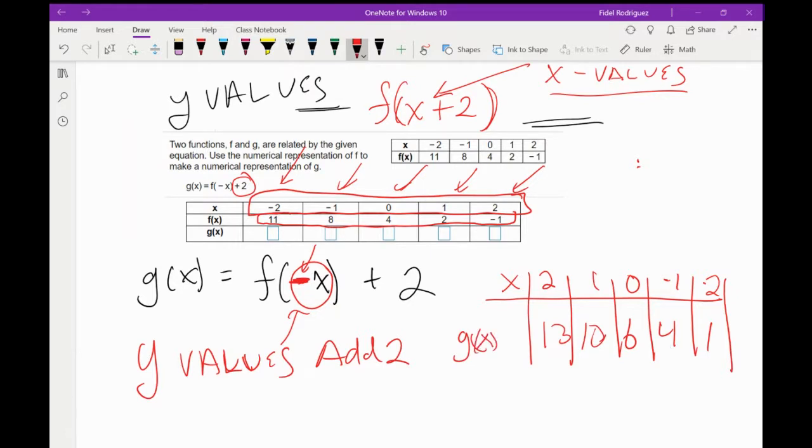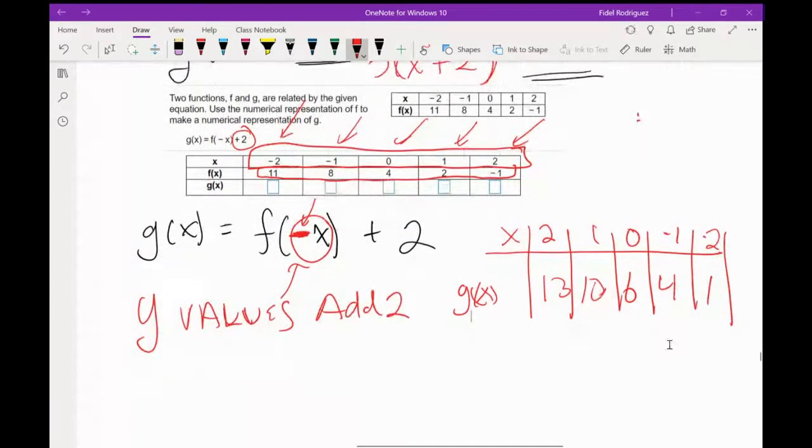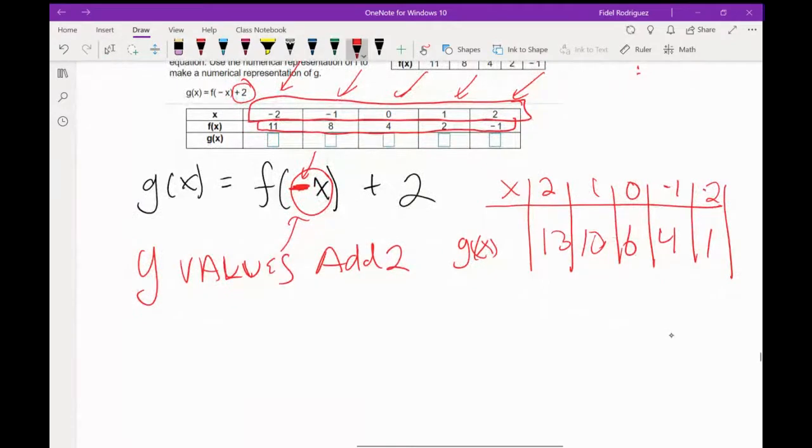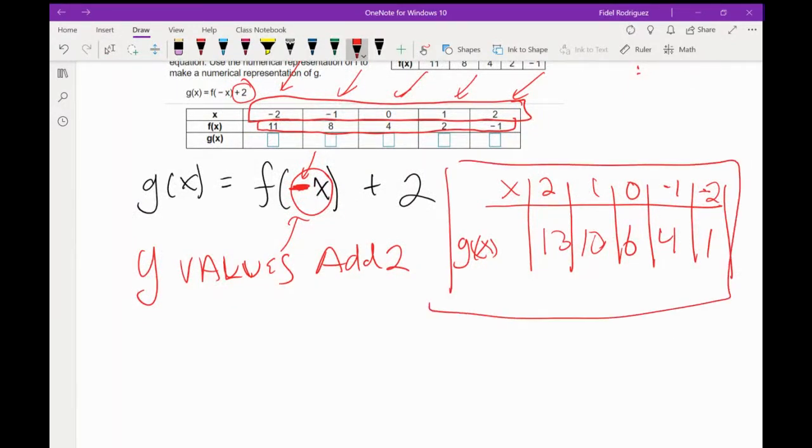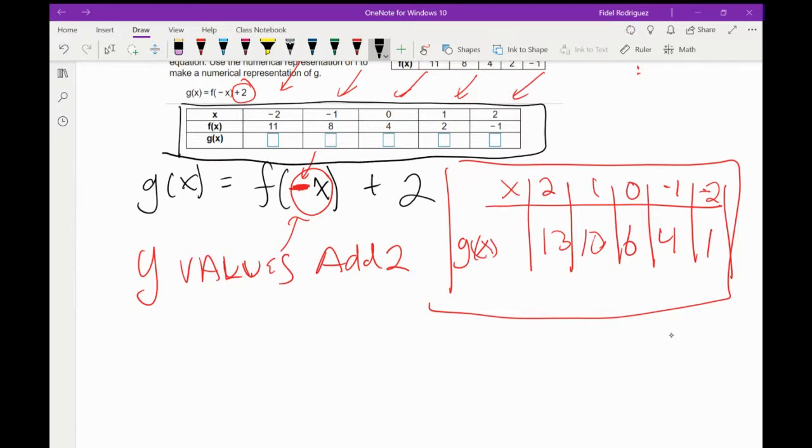Now, I want you to notice something, though. Look at how I wrote this table here, and look at how this table is written. It's written slightly different. So all I'm going to do is rewrite this table to make it look a little bit more like this one.